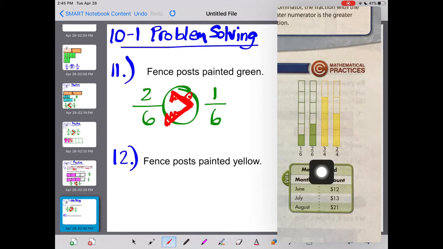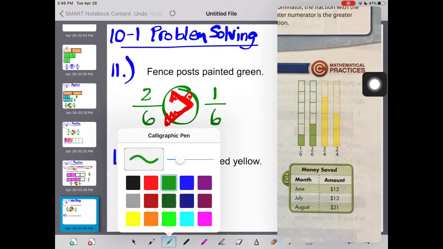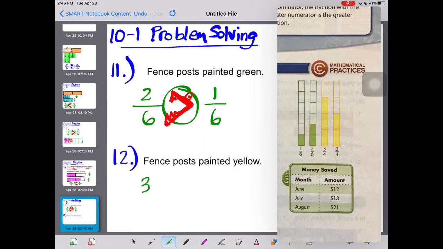And so we have one fence post that has been painted 3/4, or 1, 2, 3 out of the 4. And then we have another fence post that's been painted 2/4. The numerator is 2, saying there's 2 parts. 1, 2. Okay? And in our textbook, it looks like they have 3/4 compared to 2/4.